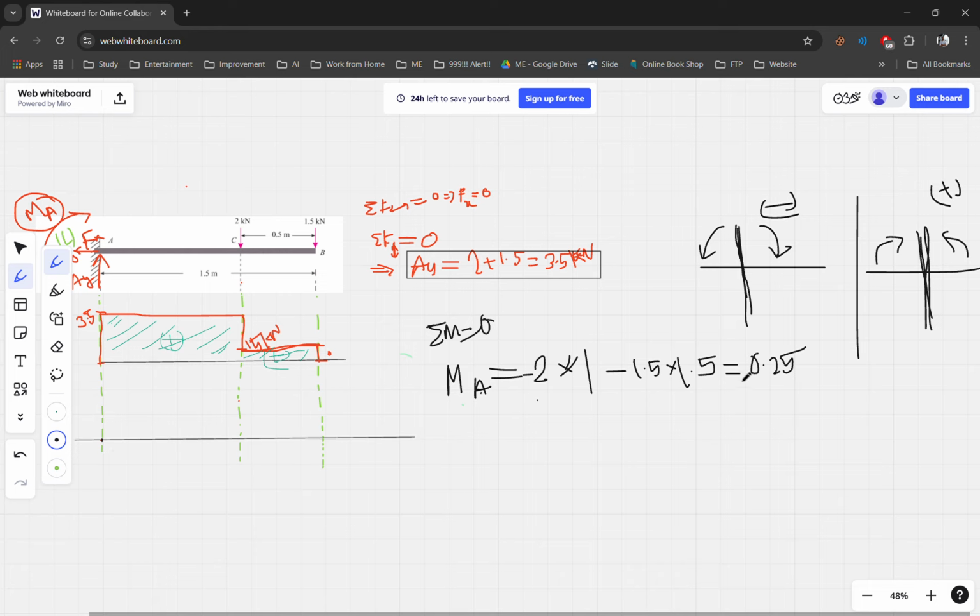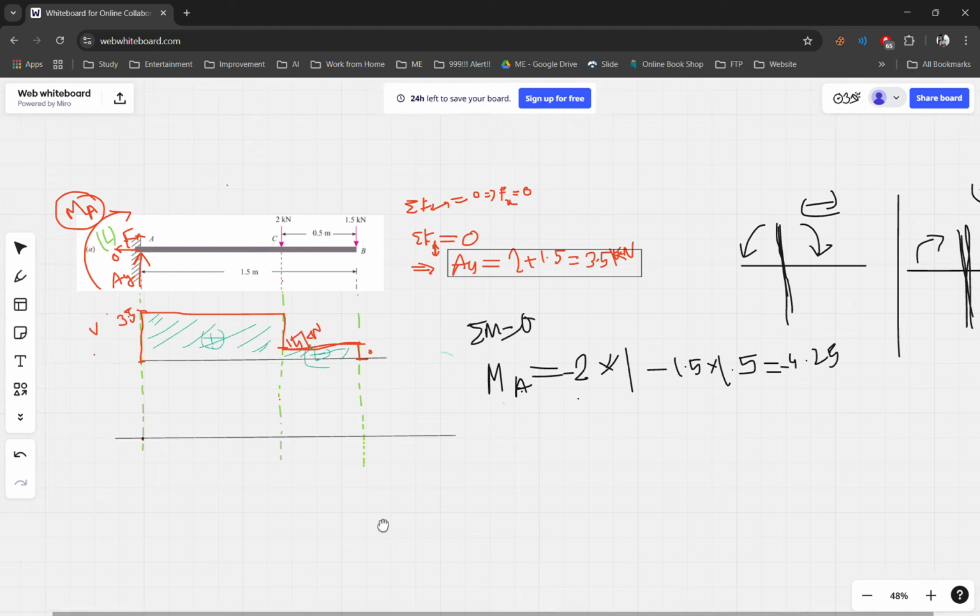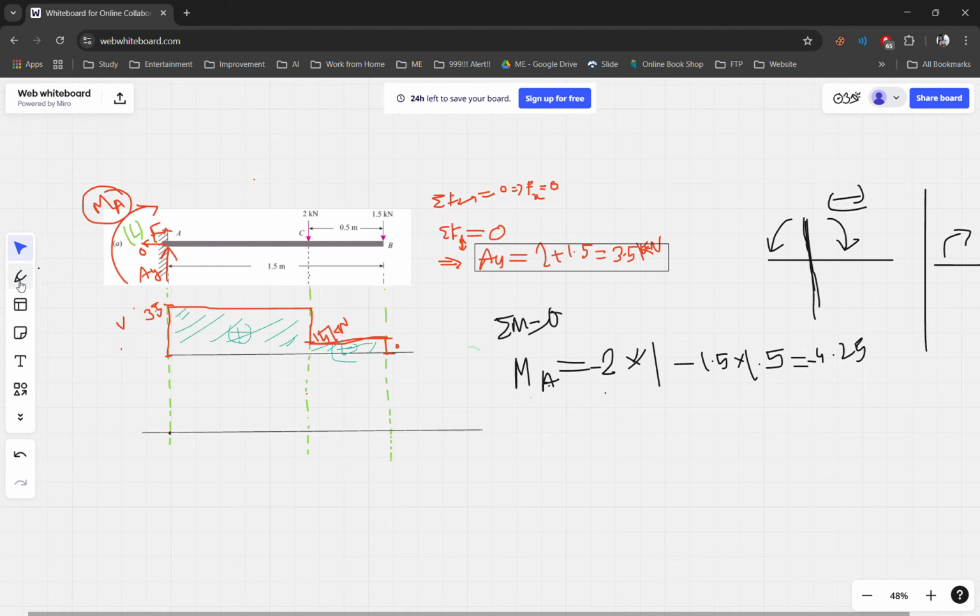Okay, so I think I have made a calculation mistake, sorry. It will actually be 4.25, sorry, it's my calculation mistake. It will be 4.25 in the negative direction. It will be minus 4.25. Okay, as we have determined that this will be minus 4.25, from here we will go.